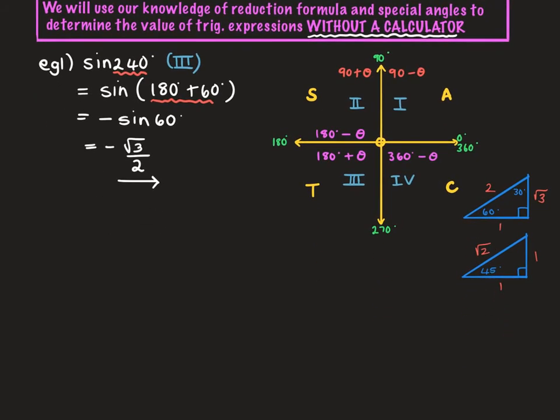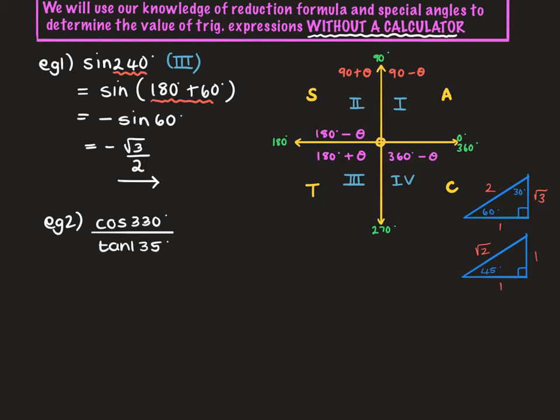Okay, so let's try a second juicy example. How about I throw this at you? Cos of 330 degrees divided by tan of 135. We don't let fractions bother us, right?